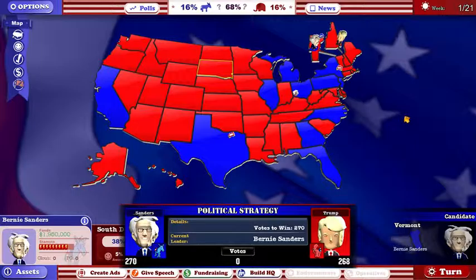There's actually a record for the election with the most faithless electors. It happened in 1872. What happened in that election was that one of the candidates, Horace Greeley, won 66 electoral votes. But before the Electoral College met in their respective state capitals, Greeley died.